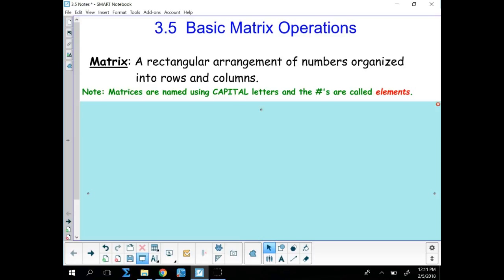And the individual numbers that you have, or all the spots, if you will, in your rectangular arrangement, all of those are called elements. So a 2x2 matrix has 4 elements. A 9x2 matrix has 18 elements.